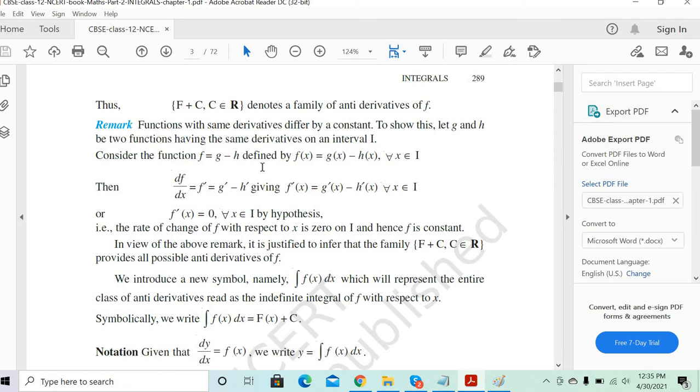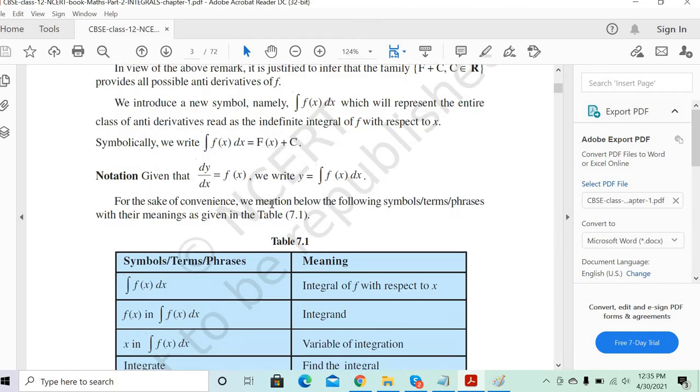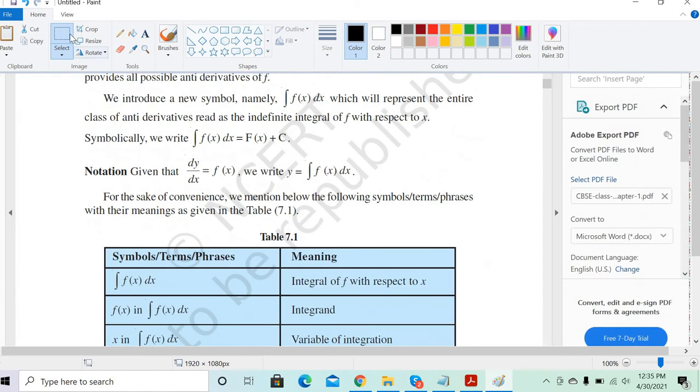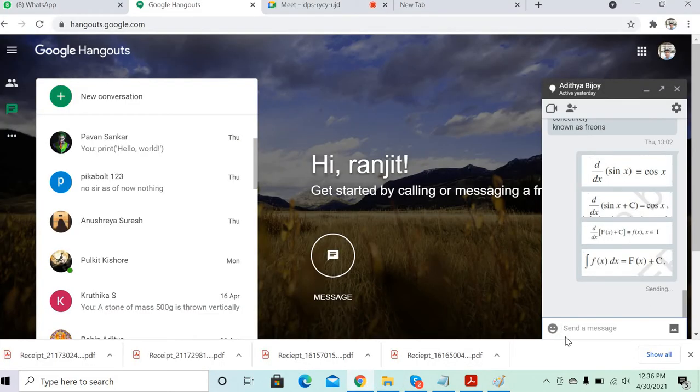Okay. Now, let's try to understand this part. Right now, we have to give the integration. So, you know the integration symbol. Yes. Let's try to understand this part now. Now integration of f of x is given as capital F of x plus c. Fine.